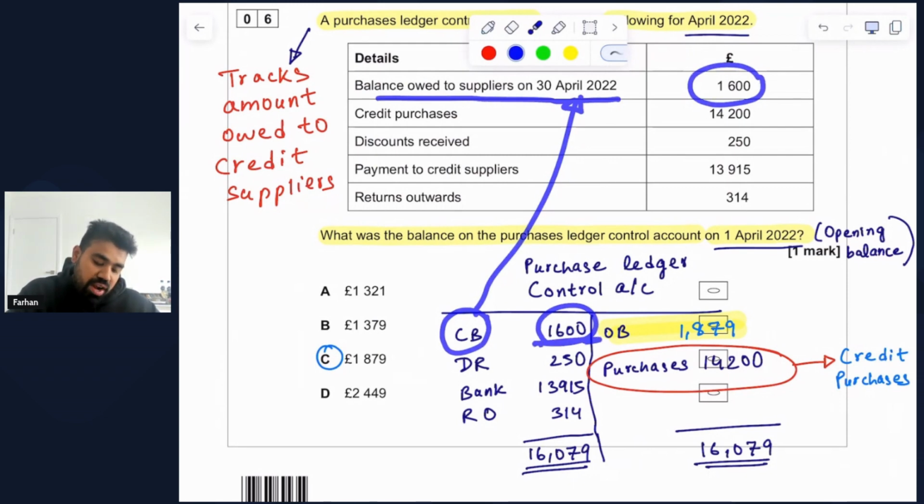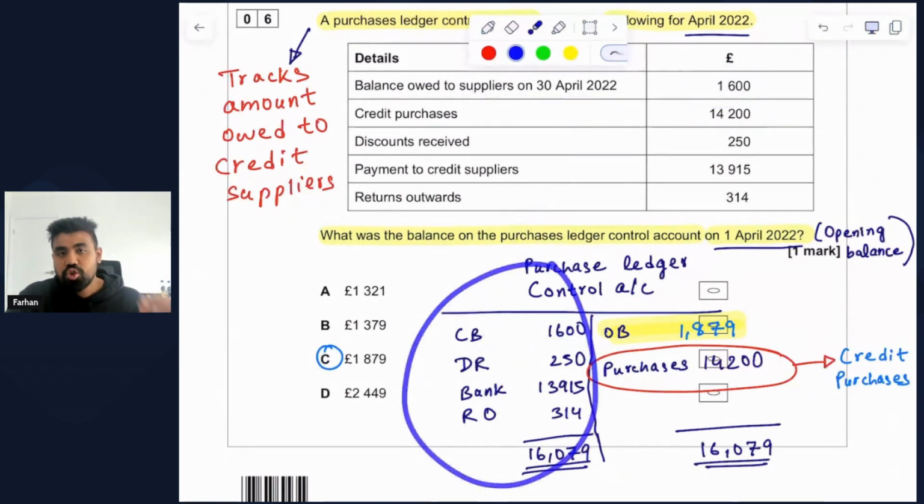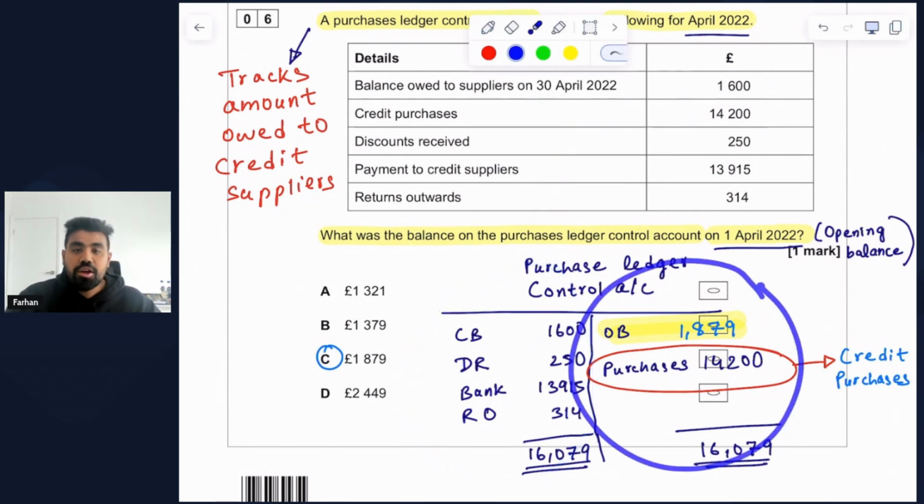Then we had credit purchases of £14,200 for the year. Credit purchases are going to increase the liability that the business has towards its credit suppliers. Since we're preparing the purchase ledger control account, anything on the debit side of this account should reflect a reduction in the amount that we owe to our suppliers, and anything on the credit side should reflect an increase in the amount that we owe to our suppliers.